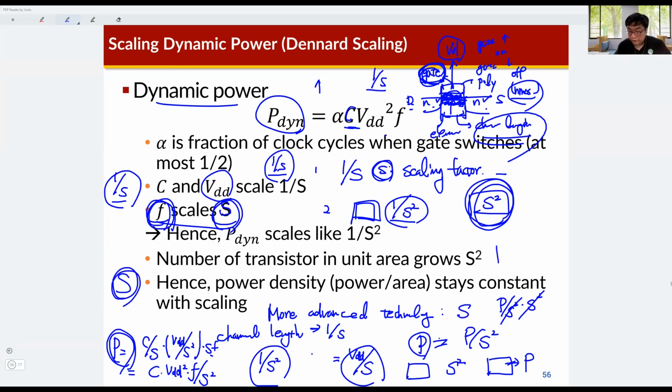But in the same area, we can also include more transistors. So in the same area, the power consumption is the same. Okay, and then performance is increased by S. It's the good thing. Okay.